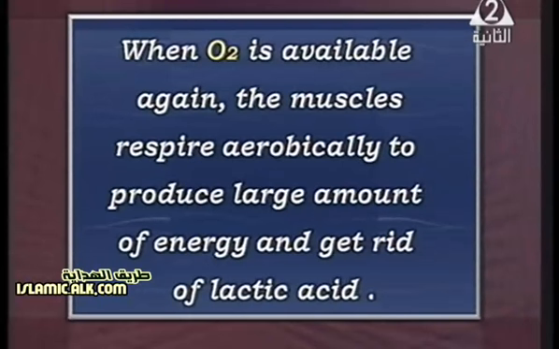Got the difference between them? Anaerobically, there is no oxygen, while in the presence of oxygen, the muscle respires aerobically to produce large amounts of energy and get rid of what? Lactic acid. Get the difference? Thank you.